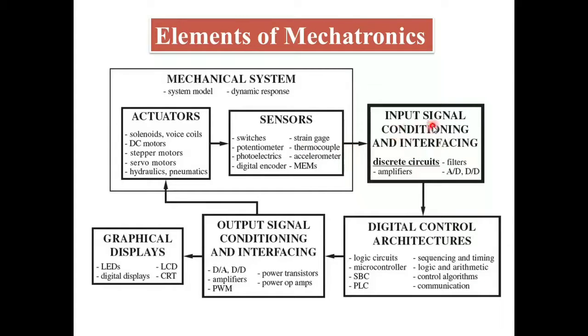Here is the input signal conditioning and interfacing unit. That unit will provide a link between the control circuit and the input and output devices. Overall, the control of the entire system is carried out by a digital control unit.